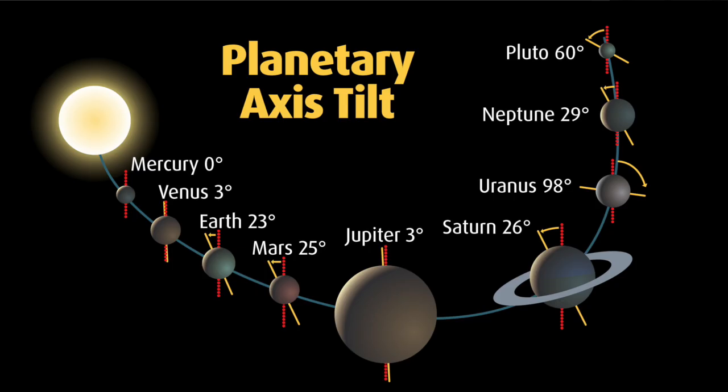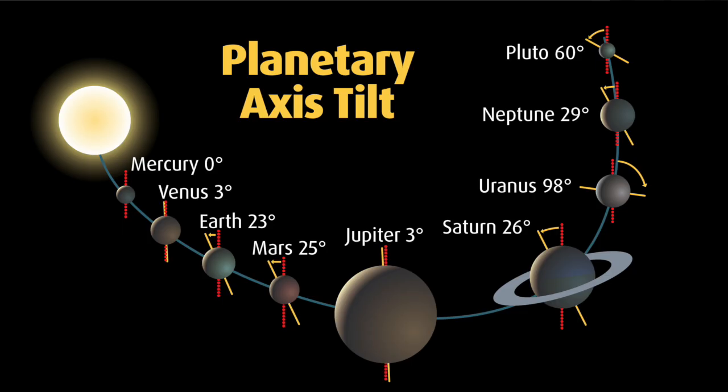Another thing that's difficult is if the axes of the planets are not the same, they should be at least in a progressive pattern. So we have Mercury that's on the same axis, the spin of the sun. Venus is just a little bit off, and Earth is just a little bit more off. So we're starting to see a progression. And then Mars is just a little bit different than Earth. It's almost exactly the same as Earth.